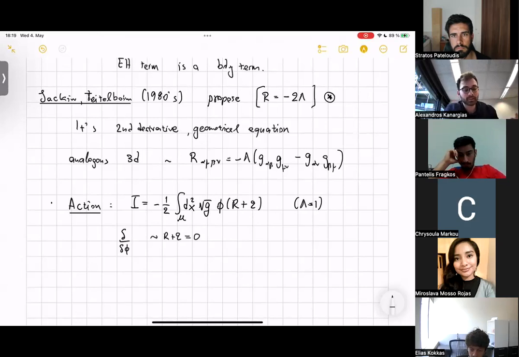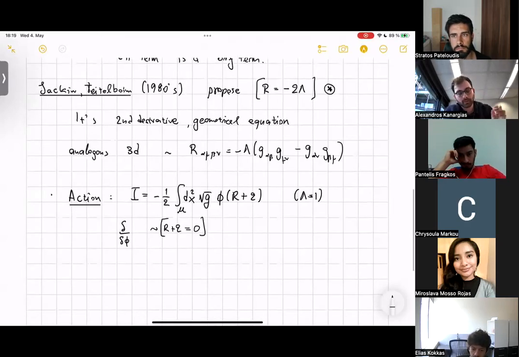It makes the story much easier, because it's like imposing a constraint on your manifolds, specifically this R plus 2 equals 0. Yes. And what happens if you vary the metric? When you vary the metric, yes, you get some constraints on phi, I think.